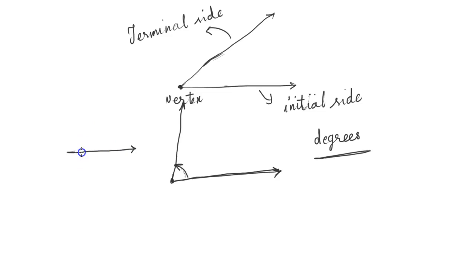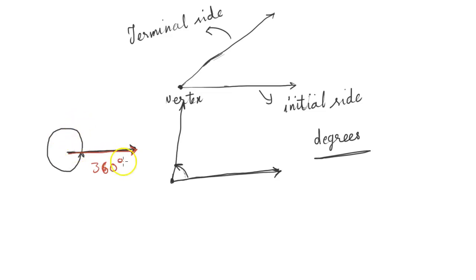You keep rotating it over and over again until you form a complete circle, and then you will get back to where you started, to the initial side of the angle. The second ray, the terminal side, is now overlapping the initial side again, and a full rotation around a full circle is called 360 degrees.